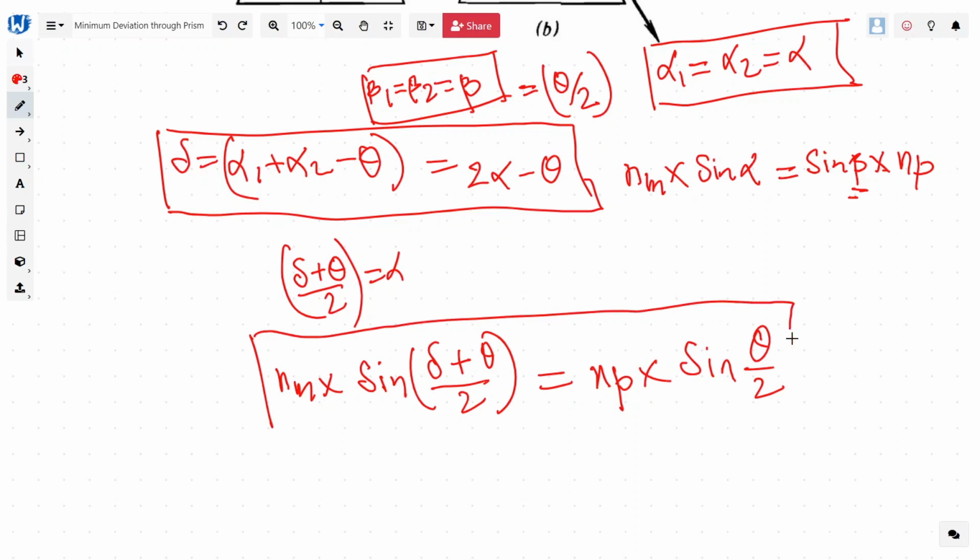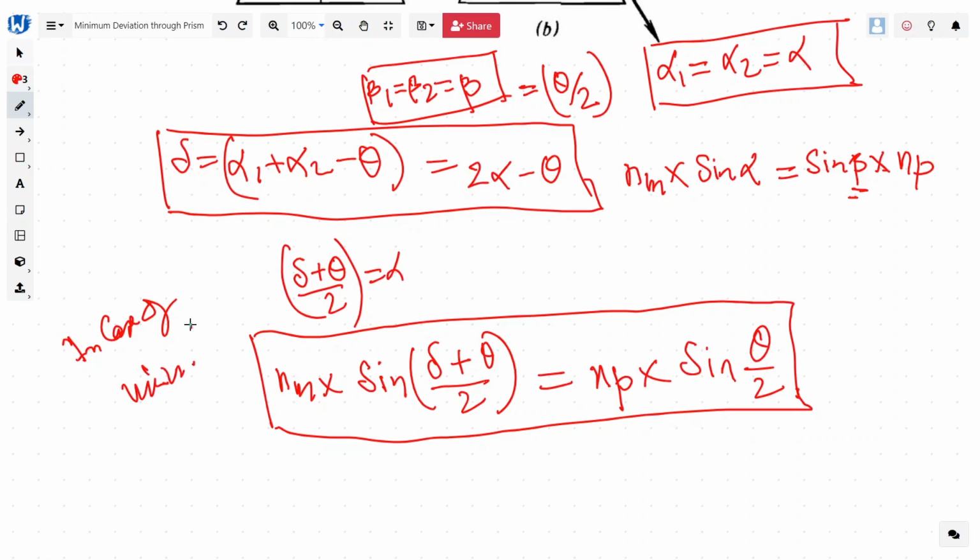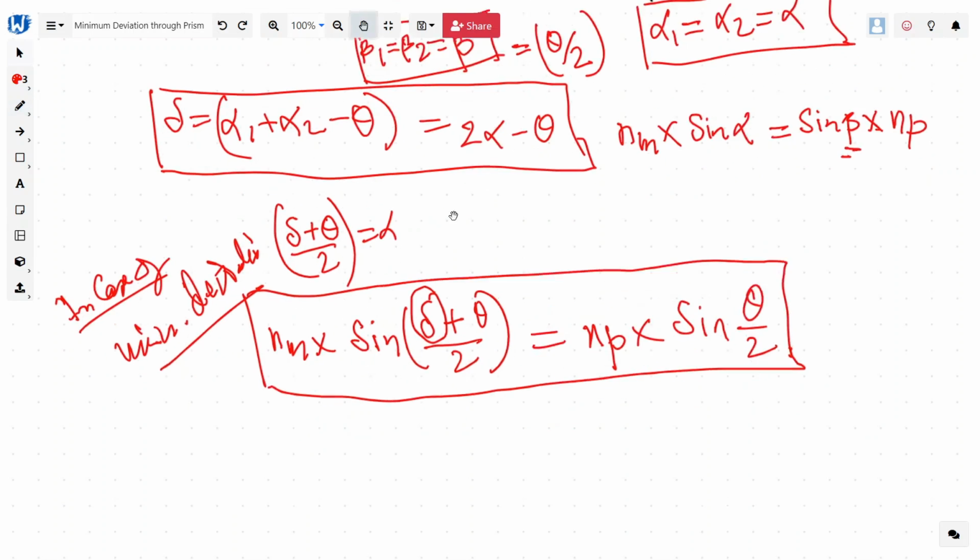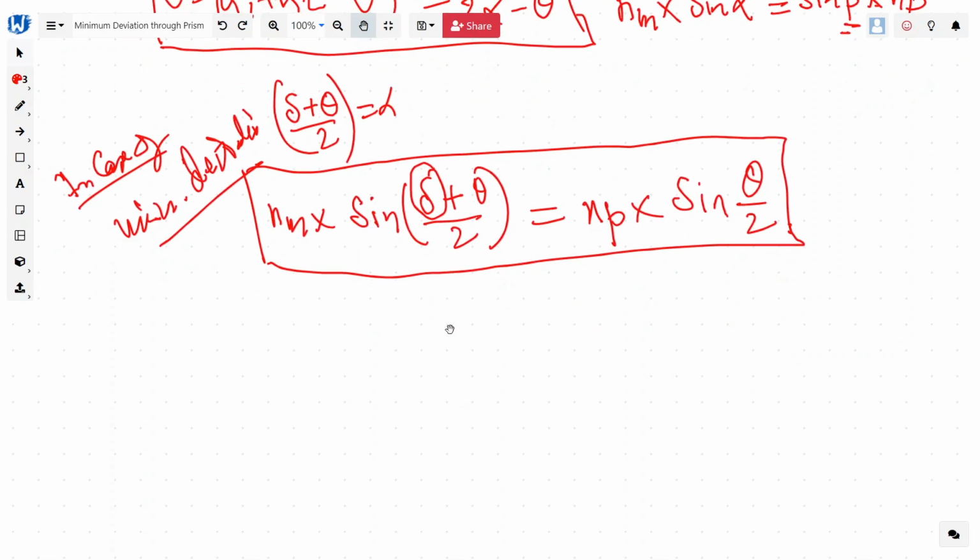And this is in case of minimum deviation. Okay, so whenever the question says calculate the minimum deviation, we can simply calculate this delta min by using this formula, and that will make our life easier without applying maxima and minima and wasting our time. So this is a very important equation, and with this in mind, let's start with a problem.